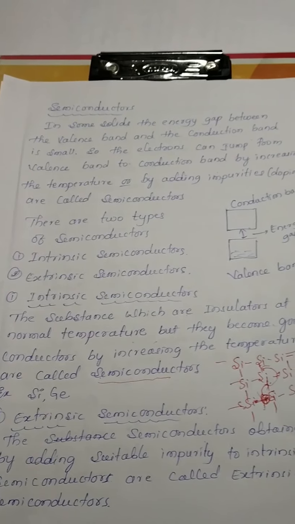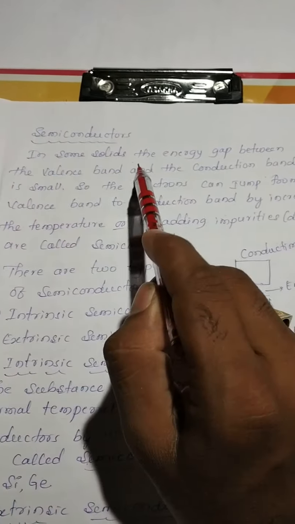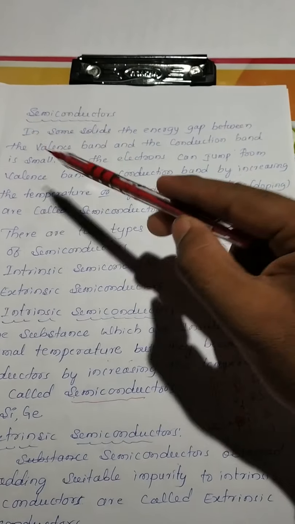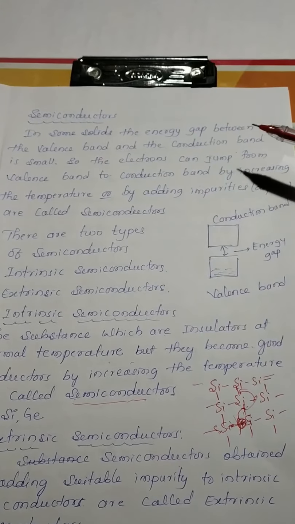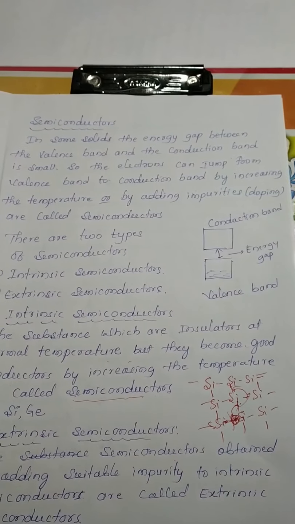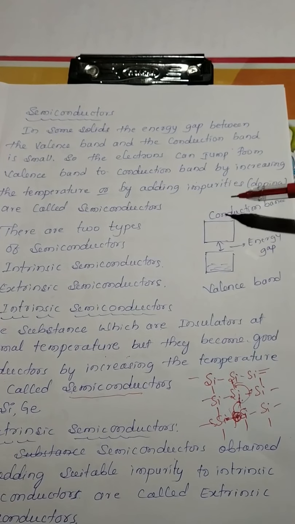Next is semiconductor. I have explained it here. In some solids, the energy gap between the valence band and conduction band is small, so electrons can jump from the valence band to the conduction band by increasing the temperature or by adding impurities. See here, this is the valence band, this is the conduction band.